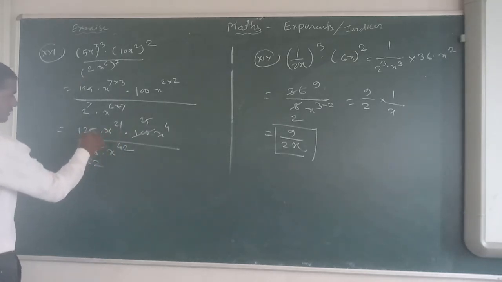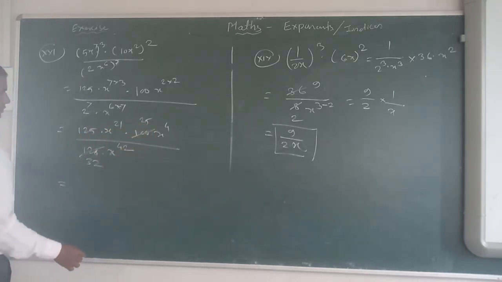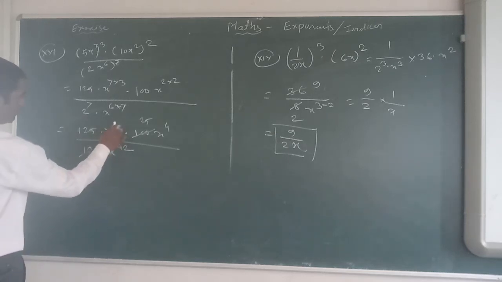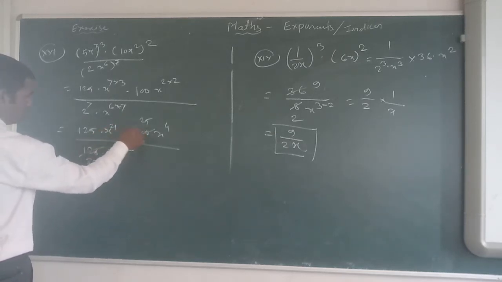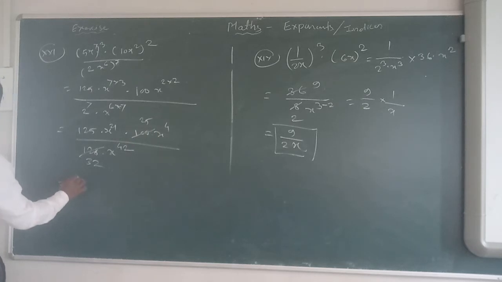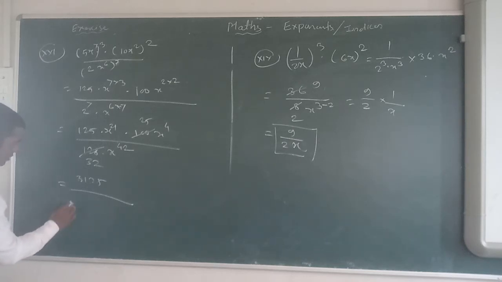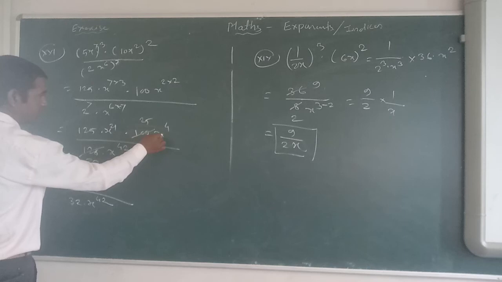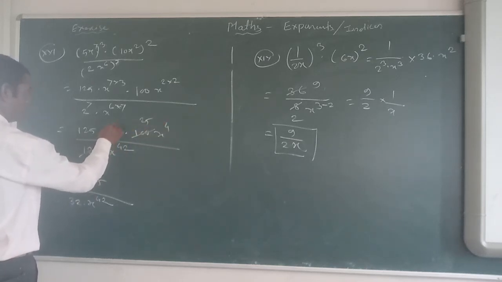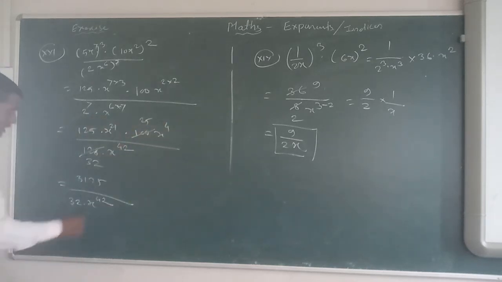In the next step, multiply 25 to 125, which will be 3125 upon 32 into x raised to 42. Take this x raised to power 4 and x raised to power 21 down.